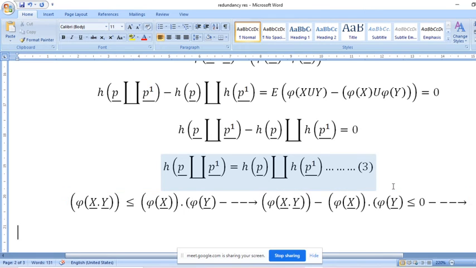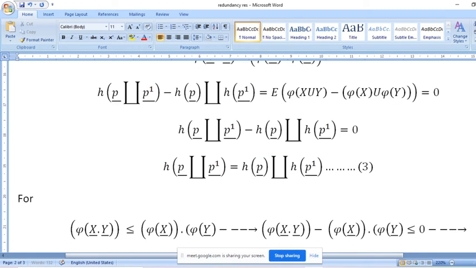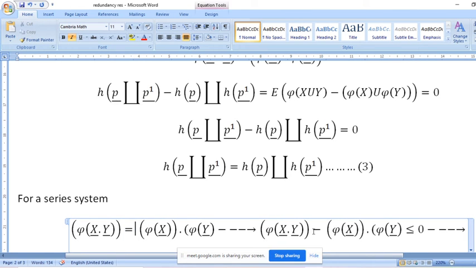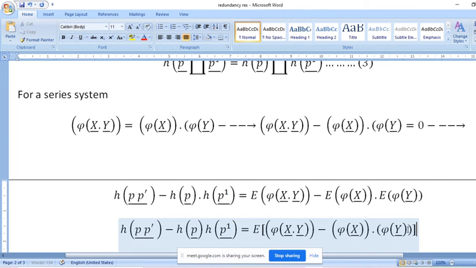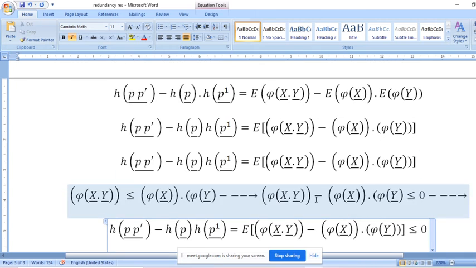Similarly for a series system, you know that this inequality becomes equality. That means this will become equal. So automatically this expression we have, and we can substitute.